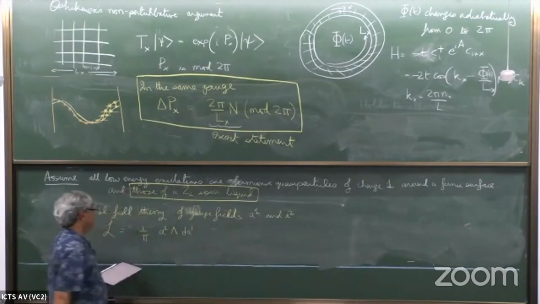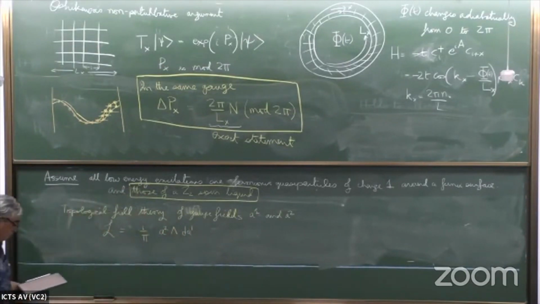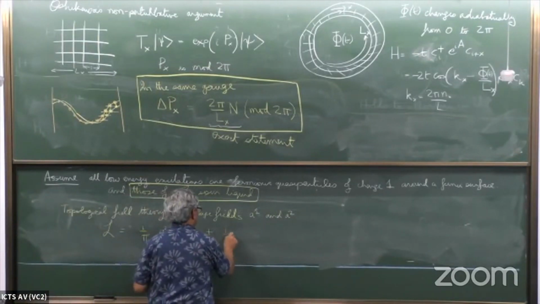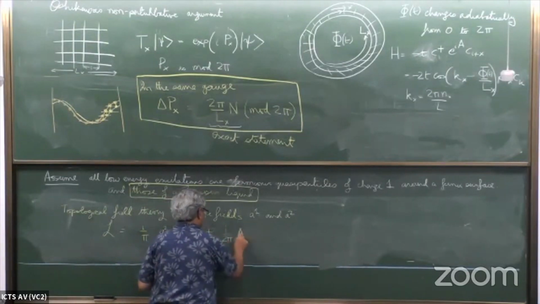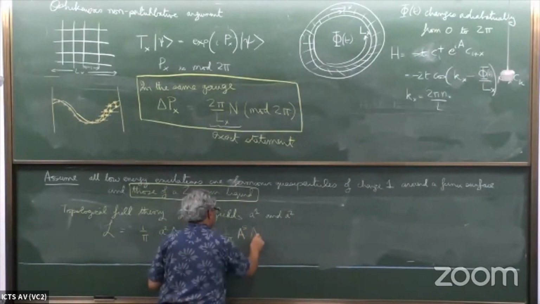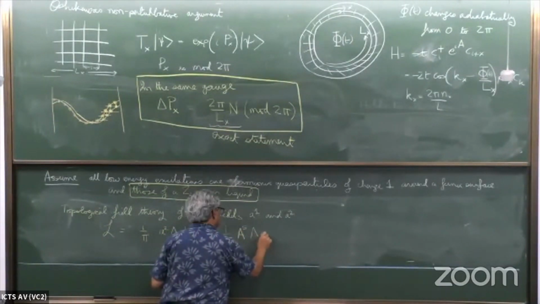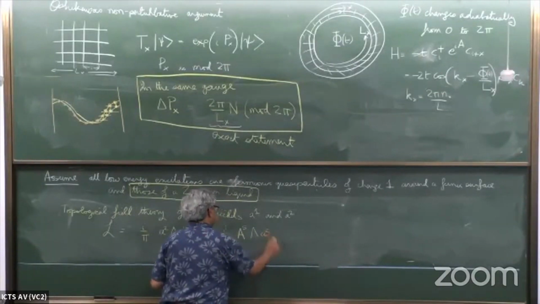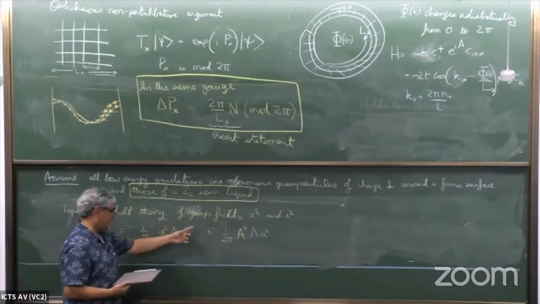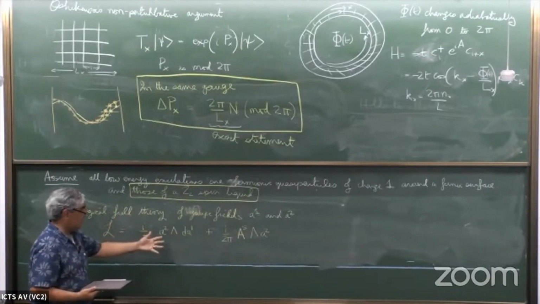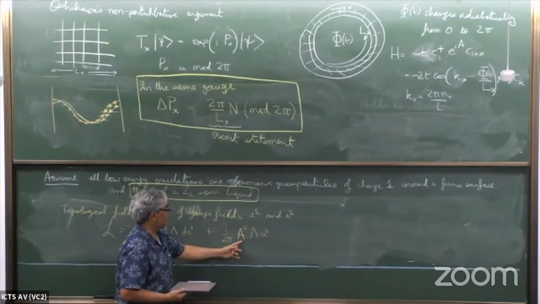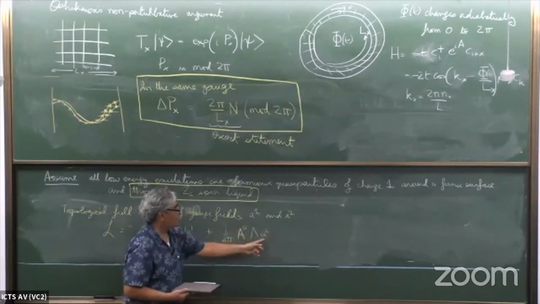So that's the usual Lagrangian. But I'm going to now couple this to an external gauge field, plus i over 2 pi, and I'm going to call that A of S, wedge dA2. So there's two gauge fields, A1 and A2. This is the usual Lagrangian that gives you the properties of the Z2 gauge spin liquid. And this is some external gauge field that's coupling to the flux of A2.